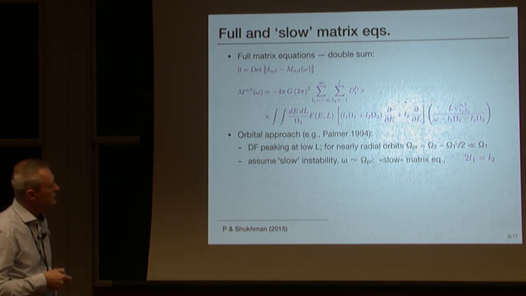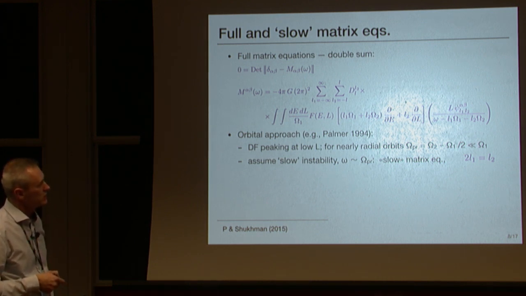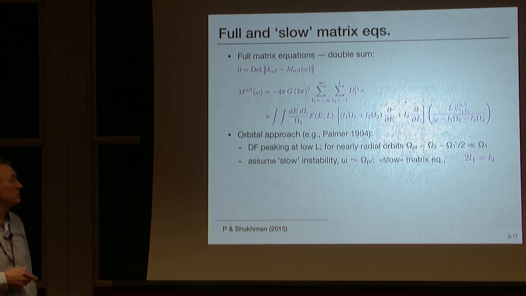So then you can retain in this equation only these terms and come up with this slow matrix equation.